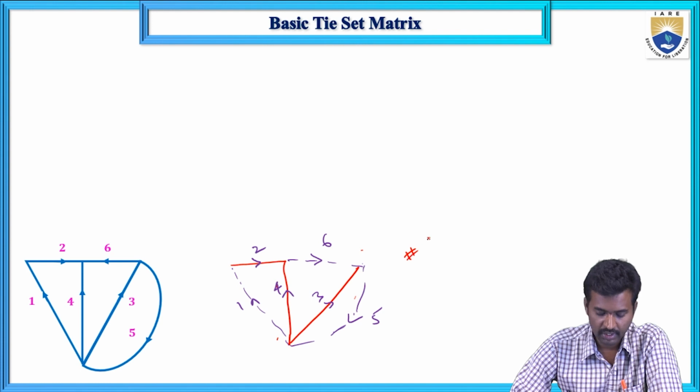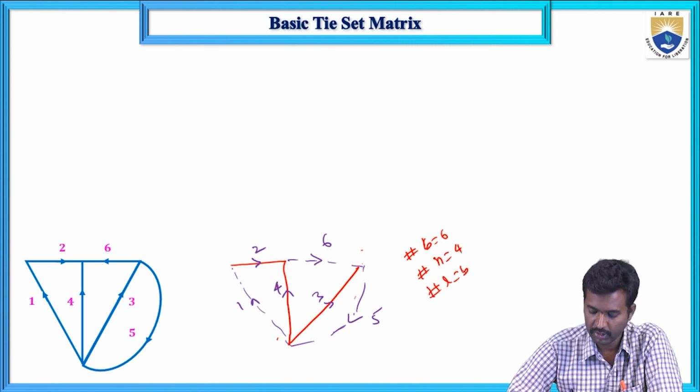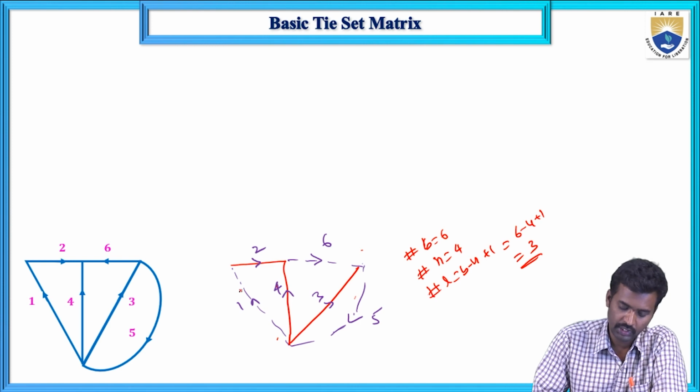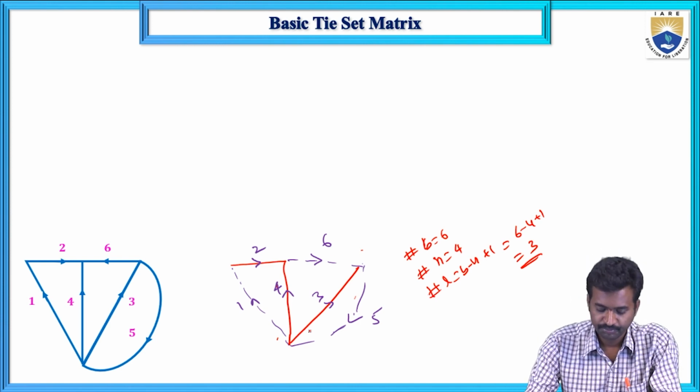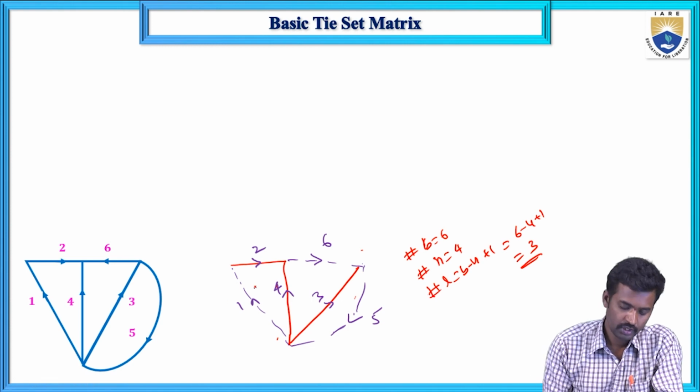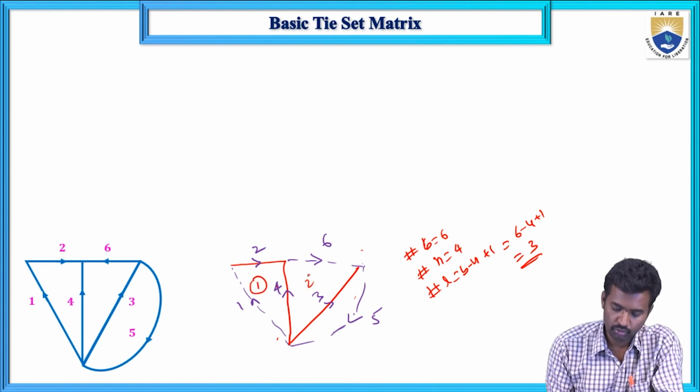Now the number of branches here is 6, and the number of nodes is 4, and the number of links equals b minus n plus 1, that equals 6 minus 4 plus 1 equals 3. So there are 3 links here, this is correct. Now the possible links are 1, 2, 3, in the clockwise direction.